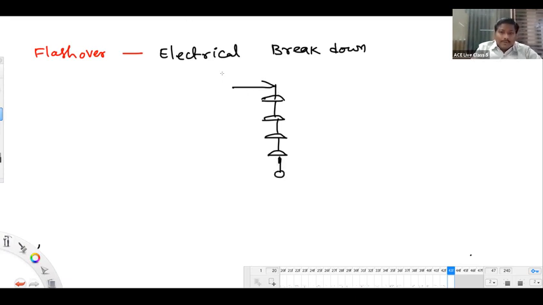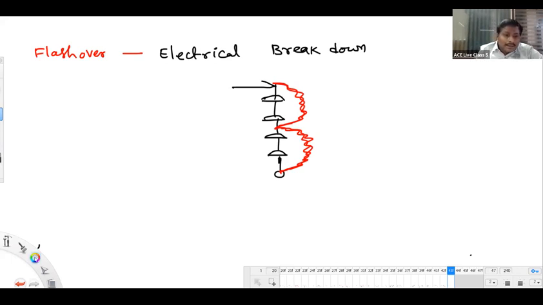Because of the over voltage experienced by the power conductor, we get an arc formation from the conductor to the tower, going around the string. This is called flashover, or electrical breakdown.